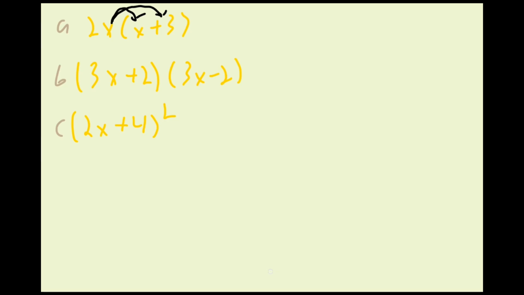So this would give us, because we distributed, 2x times x, which would be 2x squared, and then 2x times 3, which would give us 6x. And that'd be our final answer.